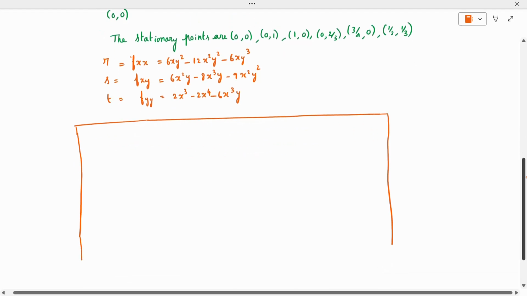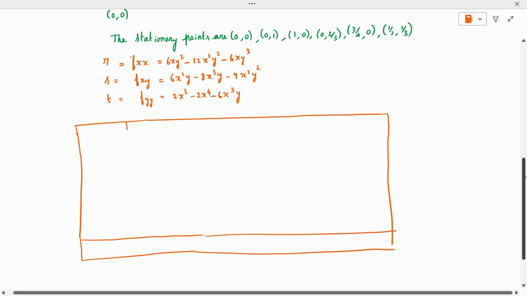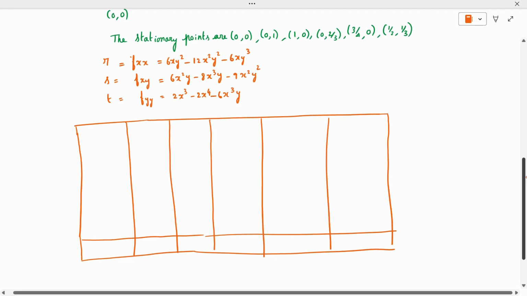Conclusion also we will write here. So 6 points I have written: 0 comma 0, 0 comma 1, 1 comma 0, 0 comma 2 by 3, 3 by 4 comma 0, 1 by 2 comma 1 by 3. So all the points I have written.